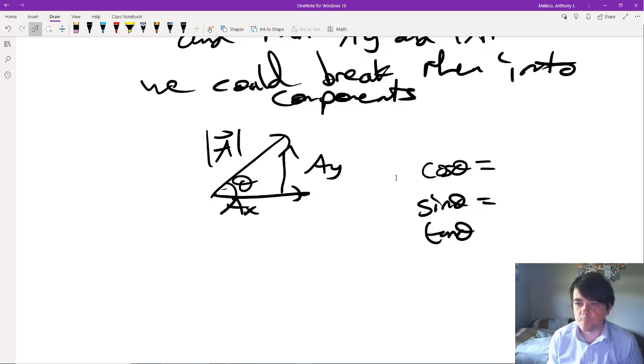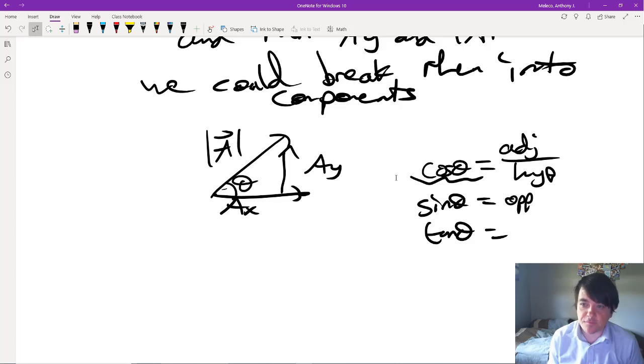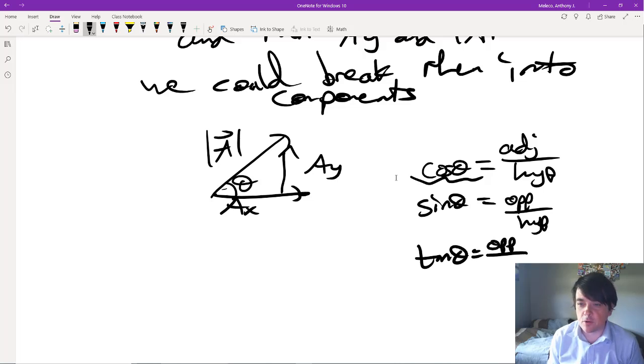So, cosine of theta is defined to be the adjacent side over the hypotenuse. Sine theta is defined to be the opposite side over the hypotenuse. And tangent of theta is defined to be the opposite side over the adjacent side.